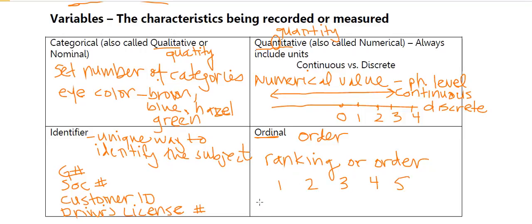Or it could be something like, I guess 1 would be strongly disagree, up to strongly agree. Something like that is an ordinal variable. Great, so those are the types of variables.